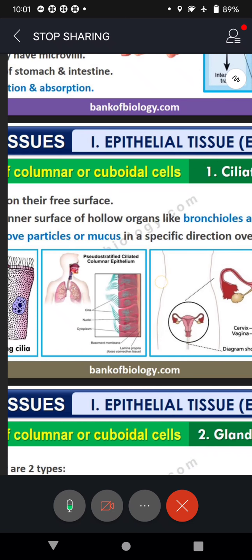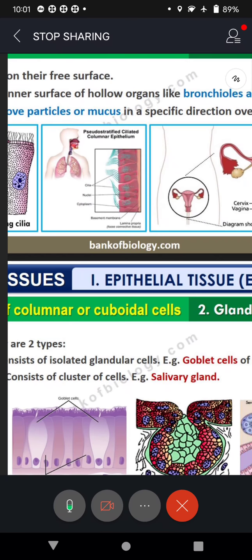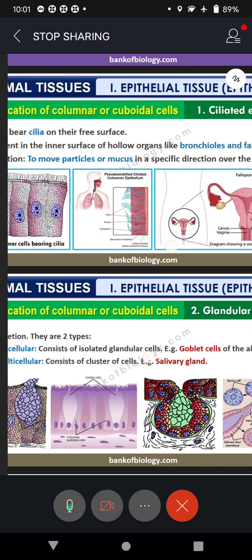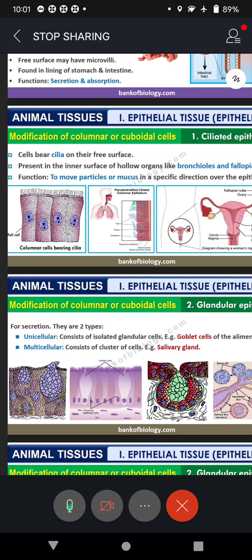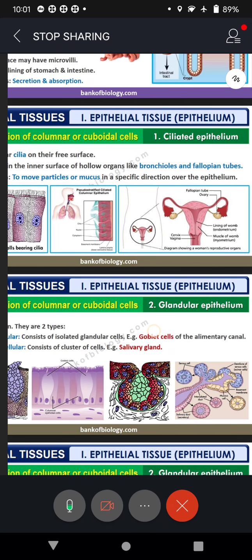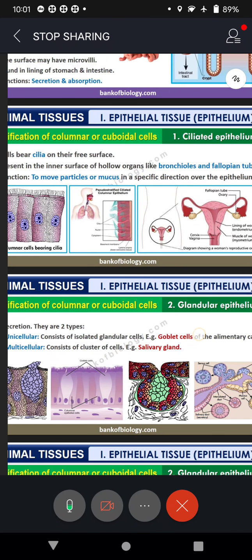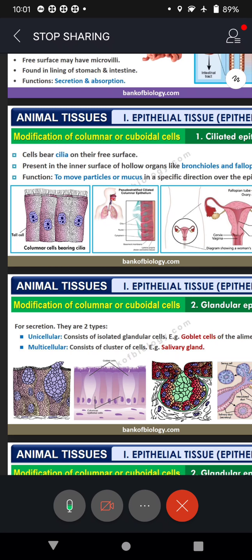Having done that, the next modification is that columnar or cuboidal cells will also sometimes perform like glands. Then we say glandular epithelium. What is the function of a gland? First of all, you should know what a gland is.